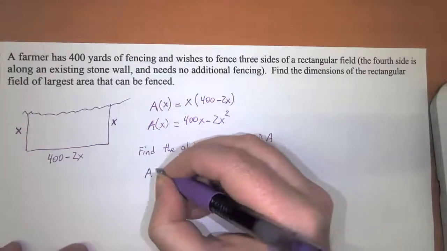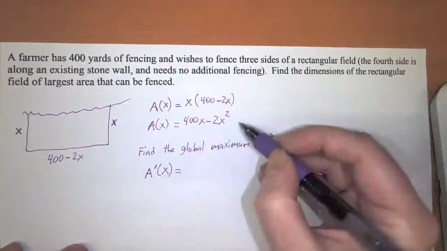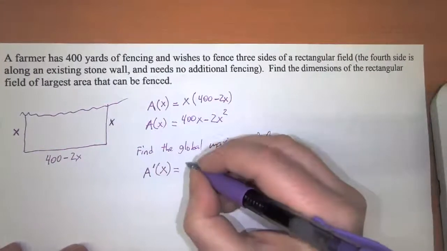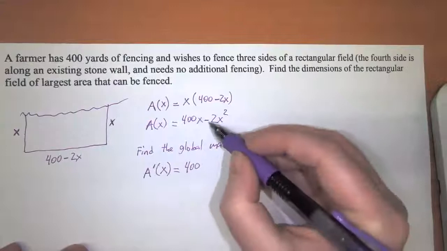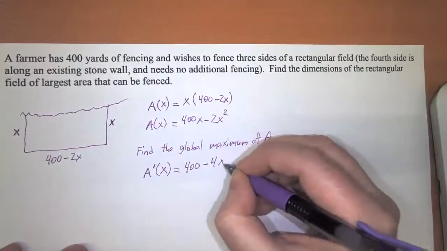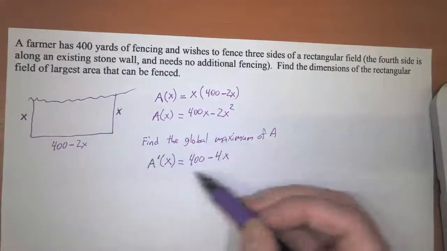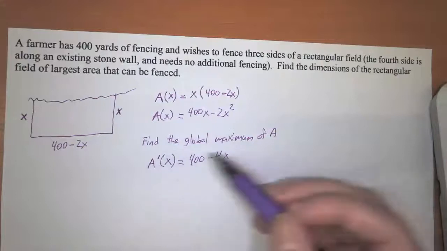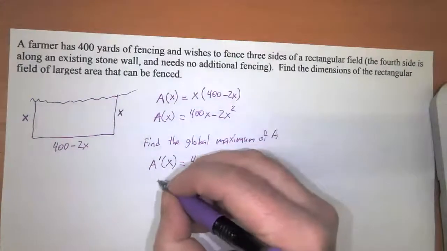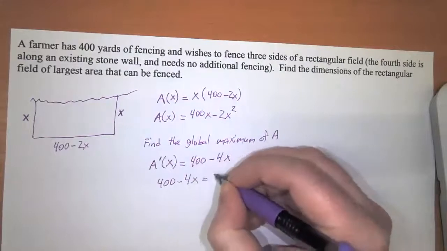Well, we want to take the derivative of A. So the derivative of 400x is 400. The derivative of negative 2x squared is minus 4x. And we want to see what value of x gives us a derivative of 0. 400 minus 4x is equal to 0.